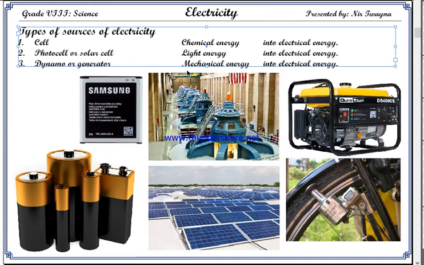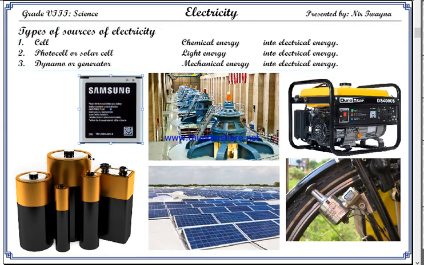That means a cell produces electricity through chemical reaction. All those devices that produce electricity through chemical reaction, or that convert chemical energy into electrical energy, are called cells.